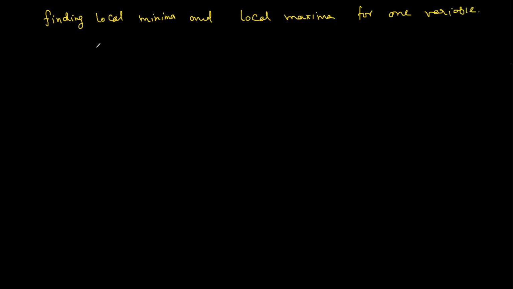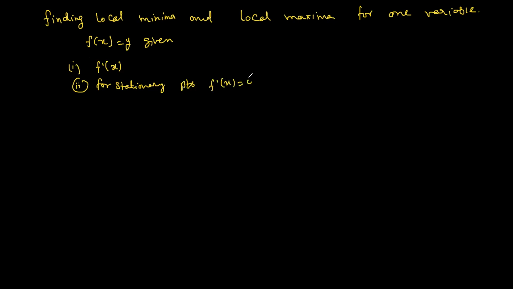Okay. So any function is given, right? Let's suppose this is y, this is given. First step is find f dash x. And for stationary point, put f dash x is equal to 0.